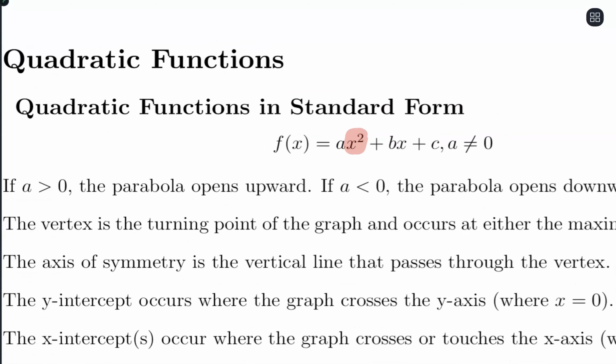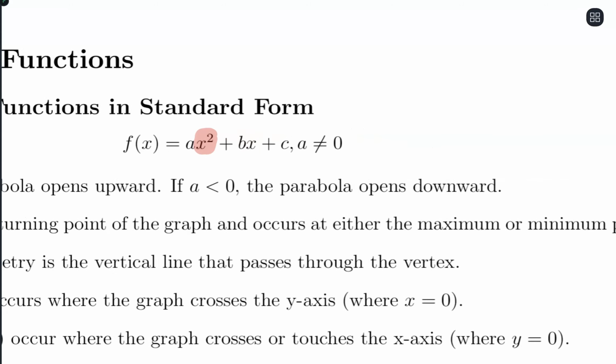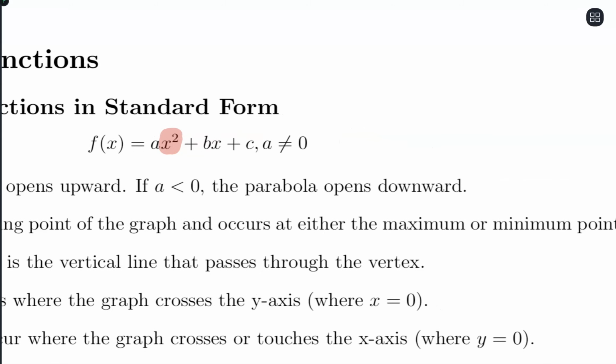So we have these numbers, this a, b, and c. When we have our function, those will be real numbers, positive or negative, coming through. And with a, that can tell us the shape of our graph. So with quadratic functions, when we graph them, we're going to have something called a parabola. And there's two ways this parabola can go.